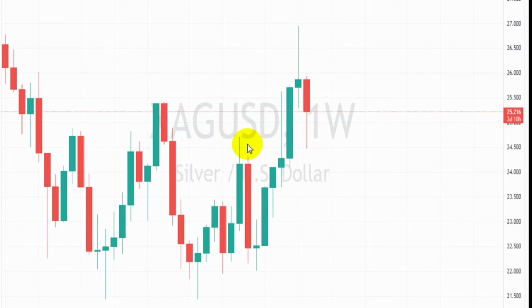As you all know, we always start our analysis from the weekly time frame and work our way down to the 1 minute time frame. So this is the weekly time frame on silver against the US dollar. What I want you to do right now is to pause the video and add your own annotations to the chart before you right now.